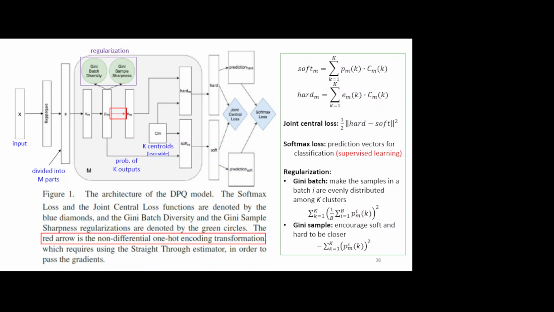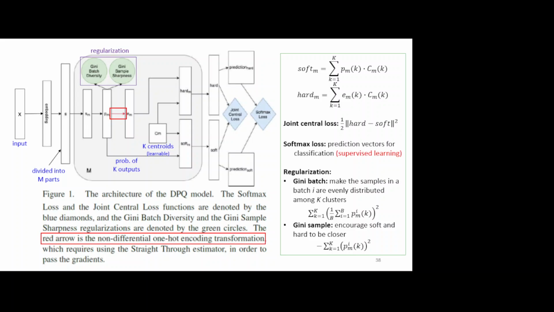If they are very close, the loss will also be very low. So they give two loss functions to control the generation of the Pn.